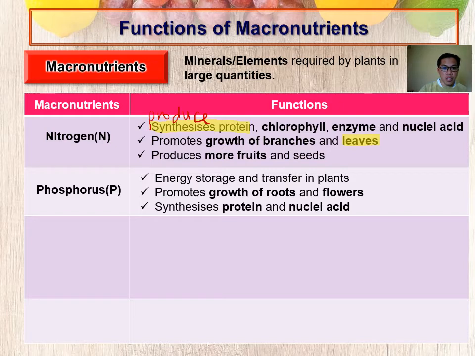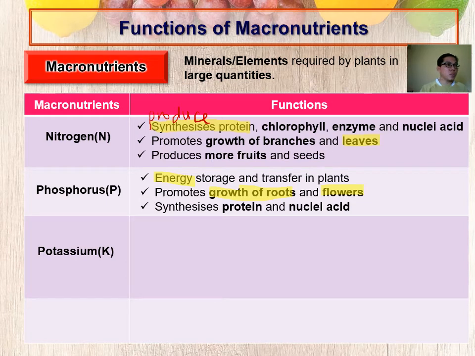So the main function of phosphorus is for growth of roots, flowers, as well as energy. So phosphorus acts as an energy source as well as helps in the growth of roots and flowers. Itulah fungsi phosphorus sebagai tenaga dan juga untuk membantu pertumbuhan akar pokok dan juga pertumbuhan bunga pokok itu sendiri.